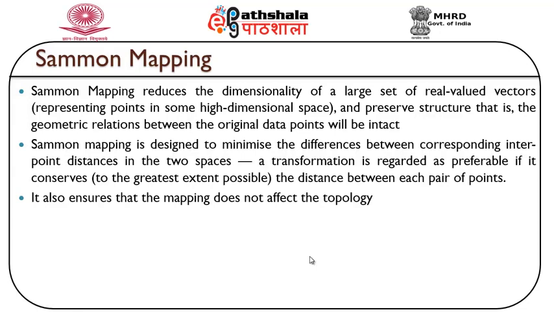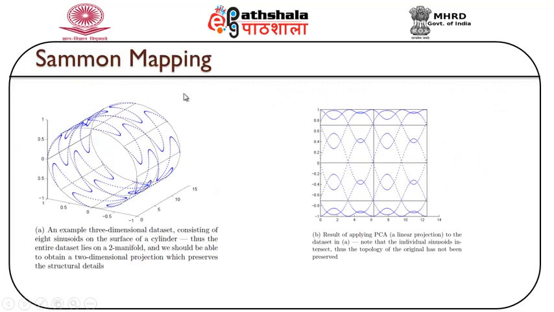Sammon mapping is designed to minimize the differences between corresponding interpoint distances in the two spaces. That is, a transformation is regarded as preferable if it conserves to the greatest extent the distance between each pair of points. It also ensures that the mapping does not affect the topology. So, this is a very good example of a Sammon mapping.